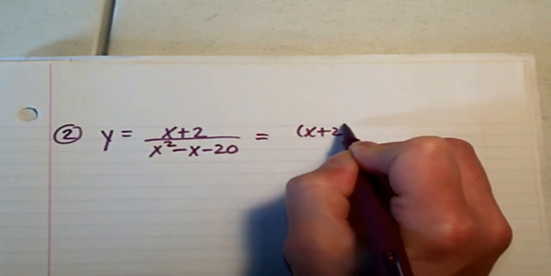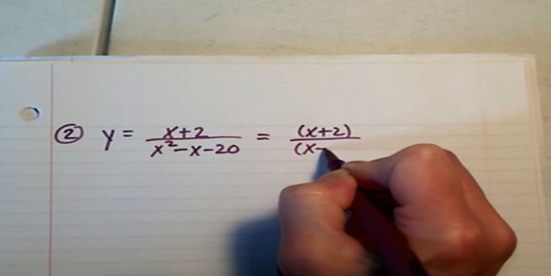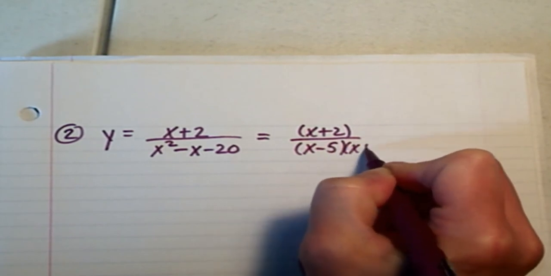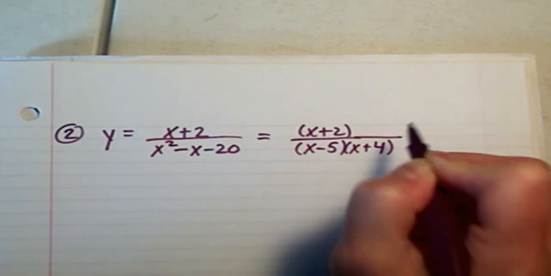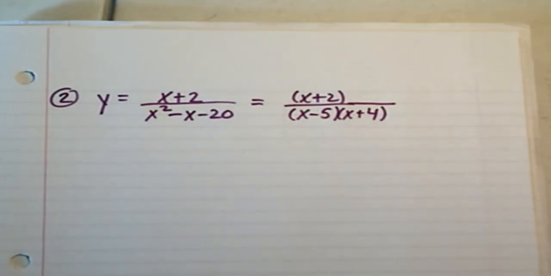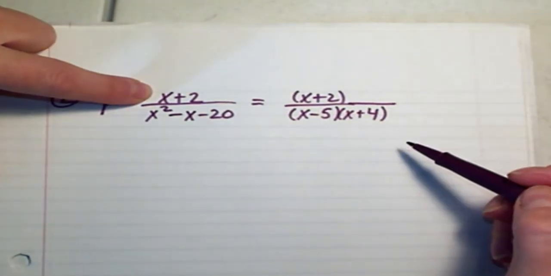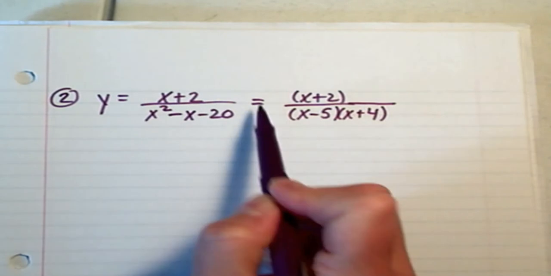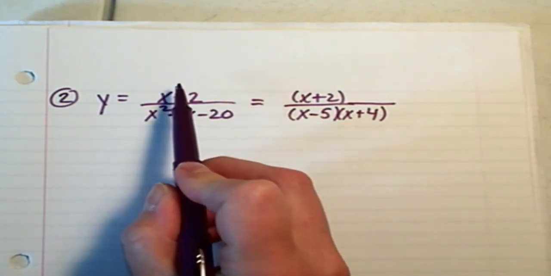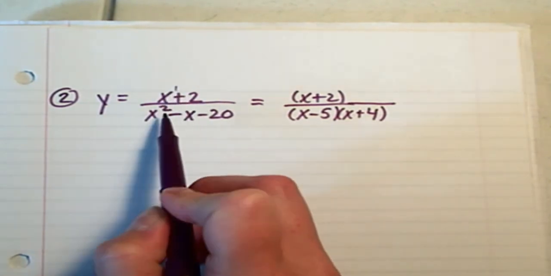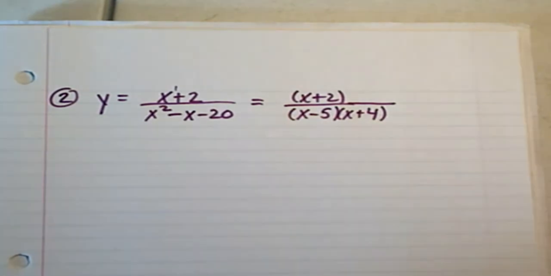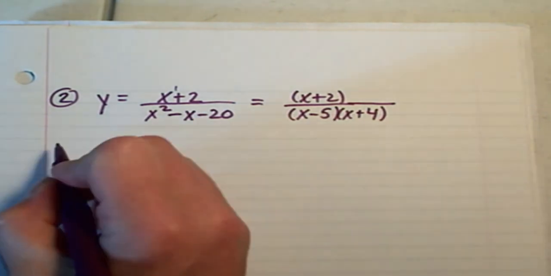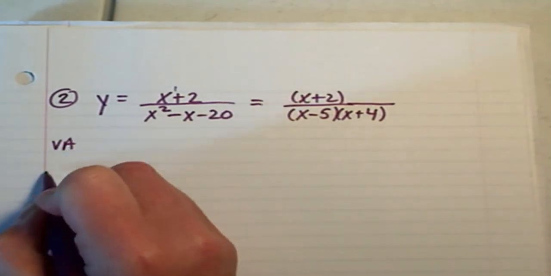I'm going to factor it to make sure that it is fully reduced. Okay, nice. And because this is not top heavy, right, this can't be divided because the degree of the numerator is less than the degree of the denominator. Okay, it's like saying 3 divided by 4. That's already a simplified fraction. I cannot divide that.